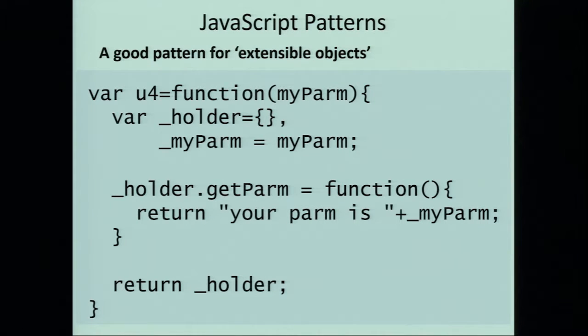I can add whatever I want, and all of these are callable. Not only is this a nice useful pattern that allows you to build objects and extend them, but it is also very similar to one of the common patterns used in D3. So this is one to bear in mind.